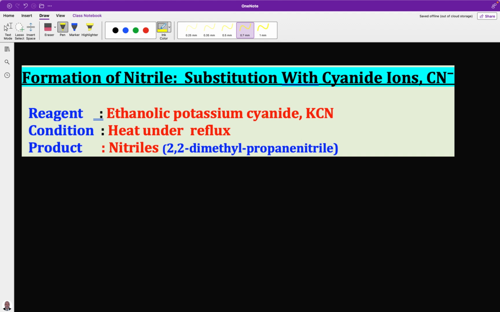For instance, ethanolic potassium cyanide is heated with 2-bromo-2-methyl propane under reflux. The bromine is substituted by the cyanide. Let me use that example.